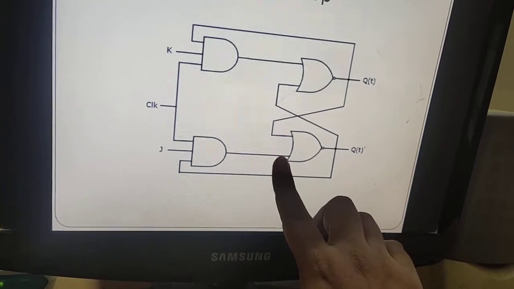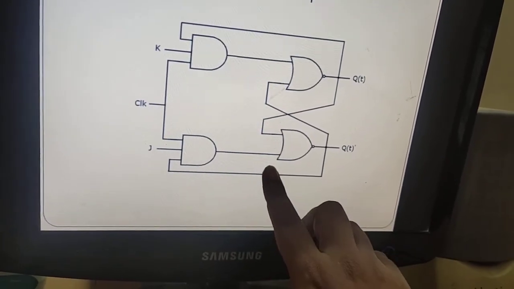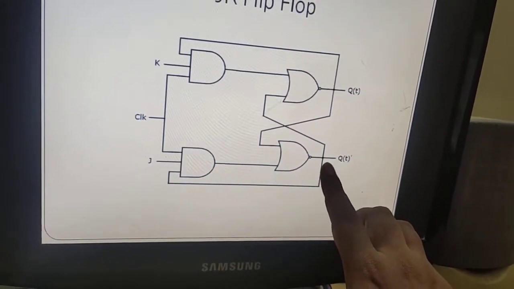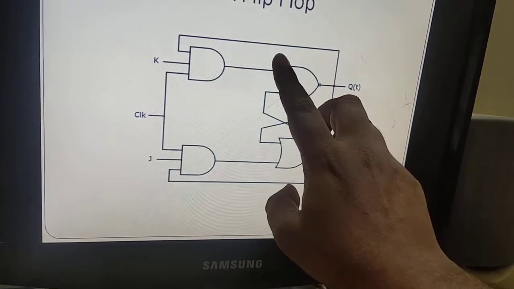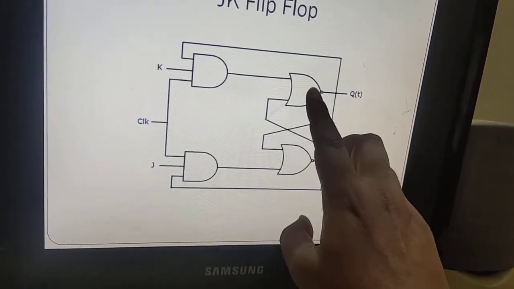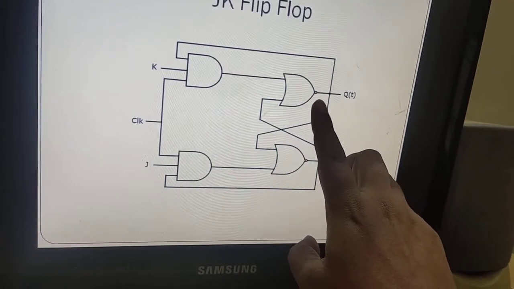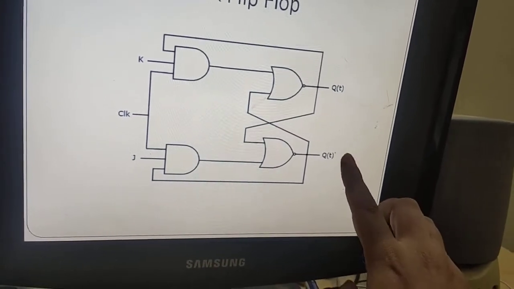0 plus 0, what you get is your NOR gate output. Any two inputs low means the output will be high, so here it will be 1. And this 1 will travel here, and 1 plus 0, with one value high and the other low, the output will be 0. So you get 0 here and you get 1 here.